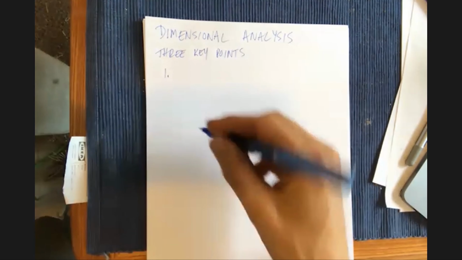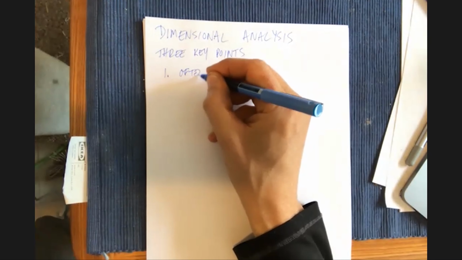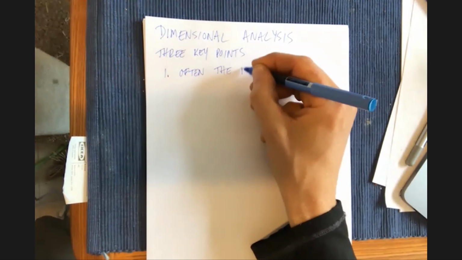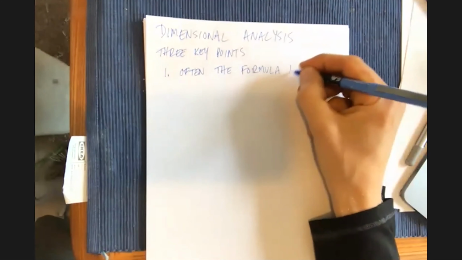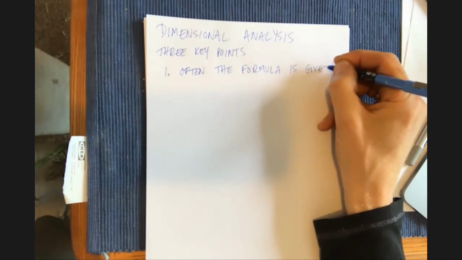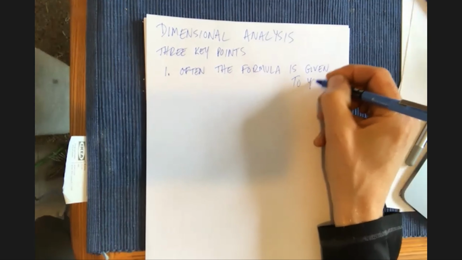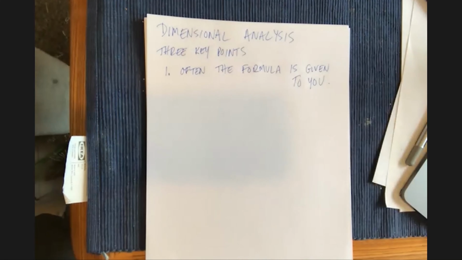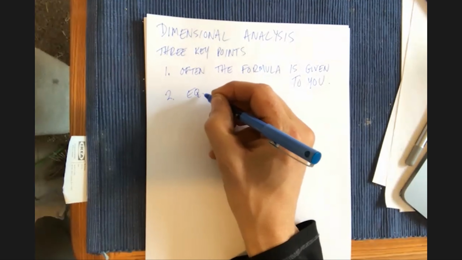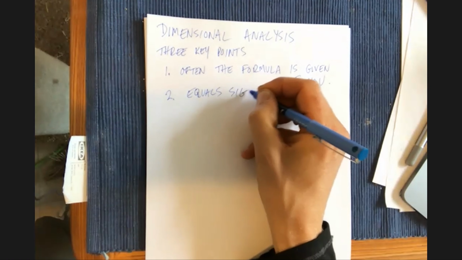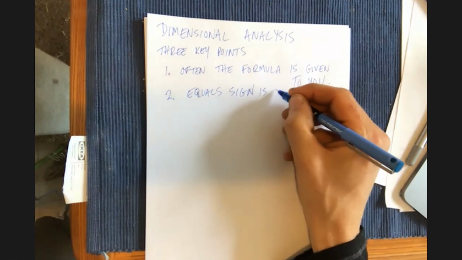So there are 3 key points I've got when it comes to dimensions. And feel free to butt in and ask questions here, or ask me to clarify if I do something that doesn't make any sense to you. The first one is that often some formula is given to you, and you don't even know that it's given to you. Sometimes you may not know what's available to you, but it's there, and I'll come back and explain that in a second. The second point is that the equals sign is your friend.